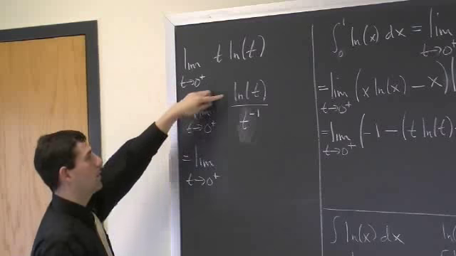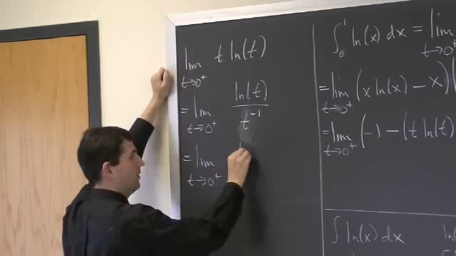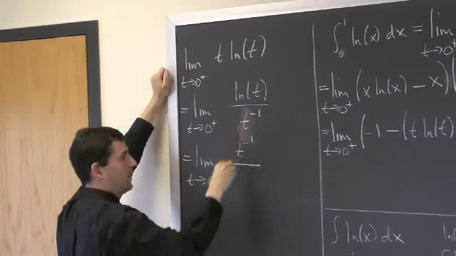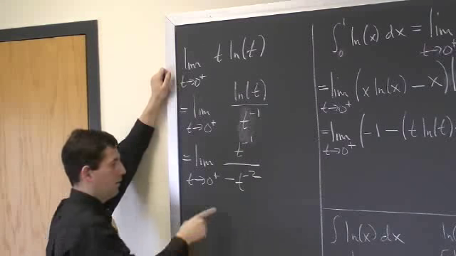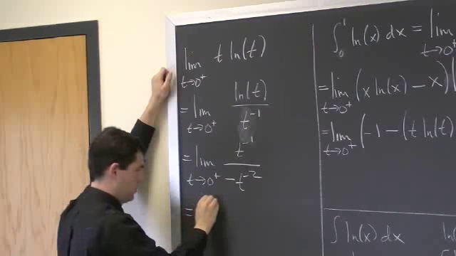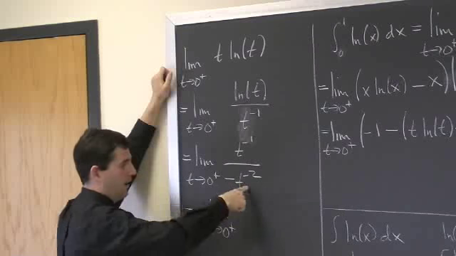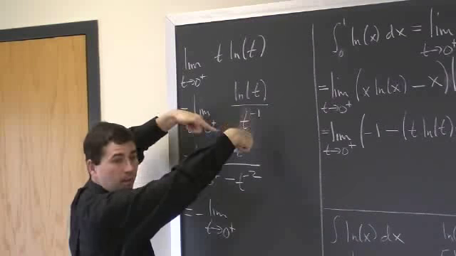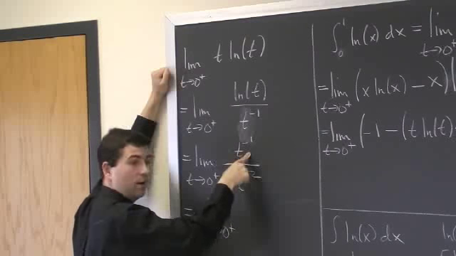The derivative of ln of t is 1 over t, right, or t to the minus 1. The derivative of t to the minus 1 is minus t to the minus 2. Now, I don't worry about this minus. I'll just pull that out. And I can move this t to the minus 2 back up and make it a t to the 2. But when I do t to the 2 times t to the minus 1, I get t to the 1.